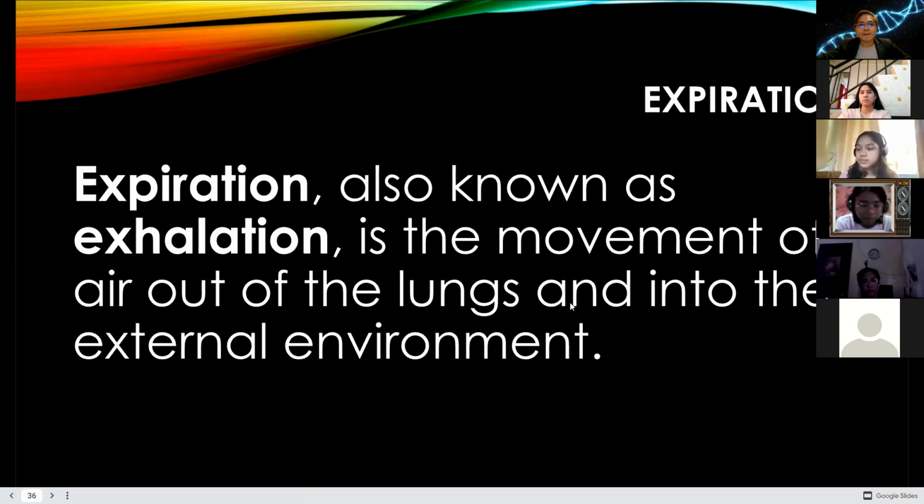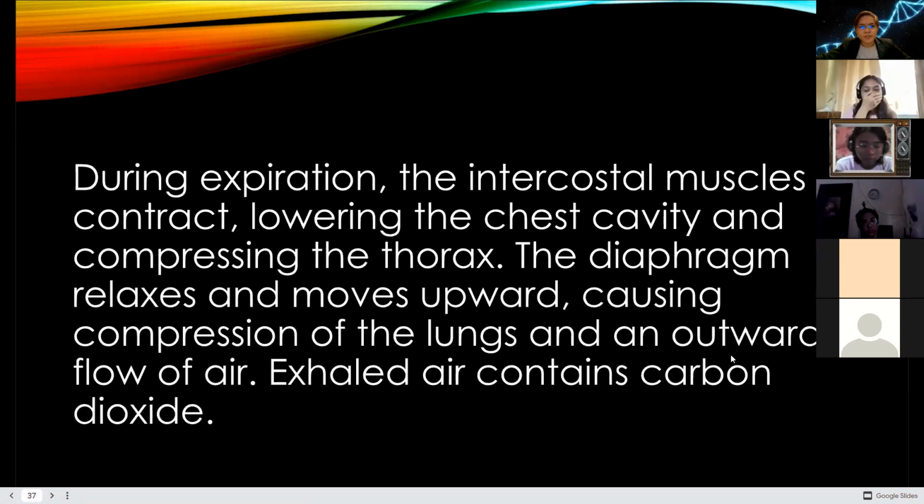Expiration, on the other hand, is also known as exhalation. Exhale is the movement of air out of the lungs into the external environment. During expiration, the intercostal muscles contract, lowering the chest cavity and compressing the thorax.